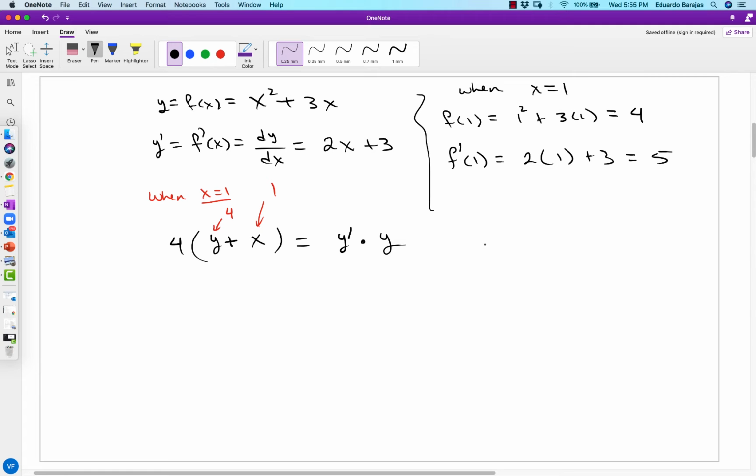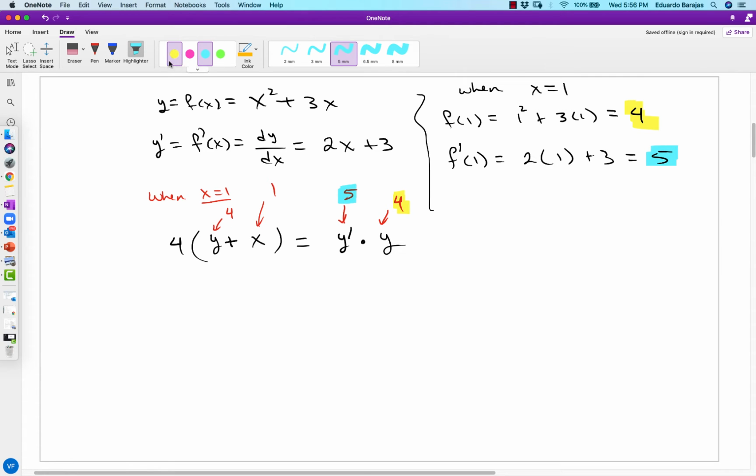So when x equals 1, y equals 4, f of 1 equals 4, that's where this 4 is coming from. And when x equals 1, the first derivative is equal to 5. That's where this 5 is coming from.